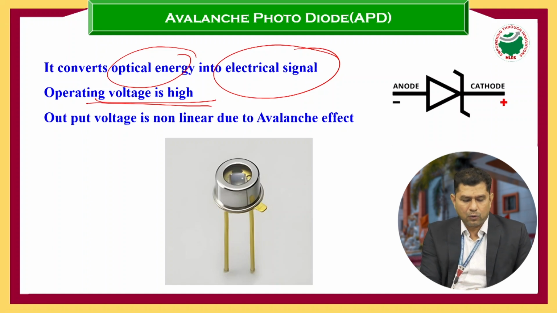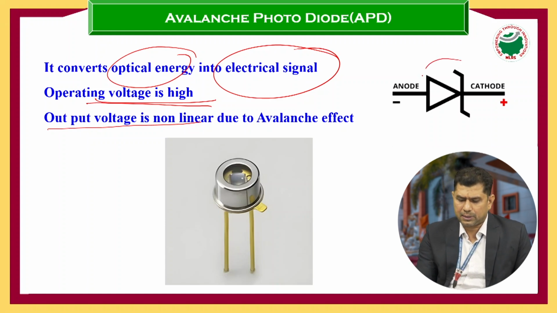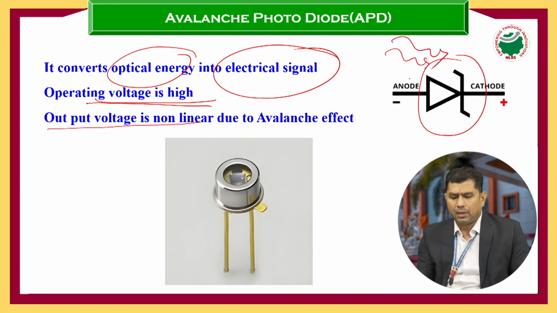But here the output current produced is not linear. When we consider the PIN diode, the output current is linear. Why? Because we are operating at low voltage, and whatever current is produced in the PIN diode is due to the incident light only. Now when you consider the APD, this is the APD diode and here the light is taken in.